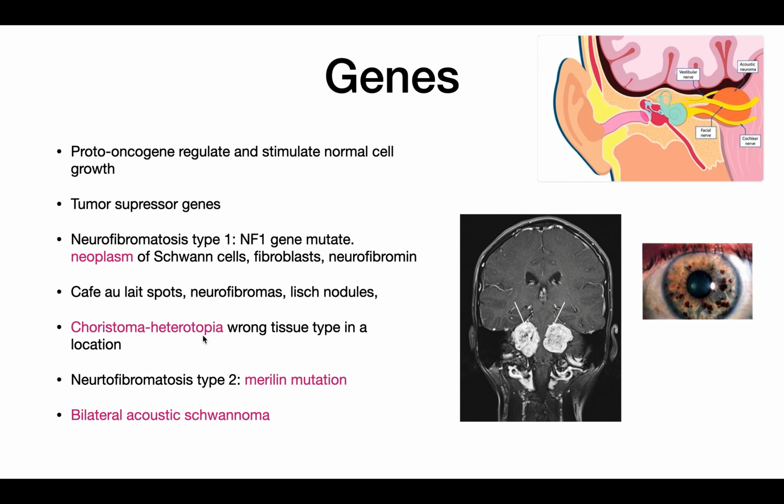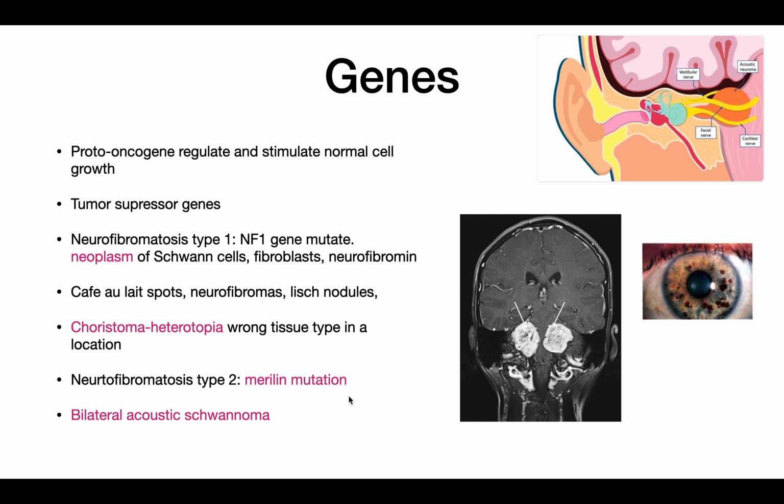Choristoma, or heterotopia, is when there's the wrong tissue type in a location. So, let's say Meckel's diverticulum: in the intestine, it should be intestinal tissue, but in Meckel's diverticulum, there's going to be pancreatic tissue there.